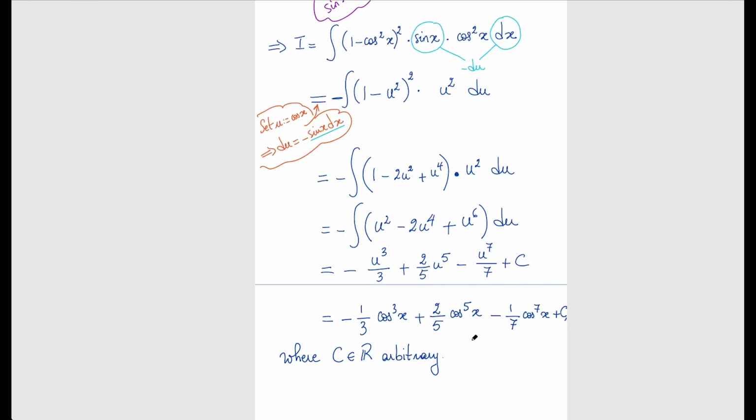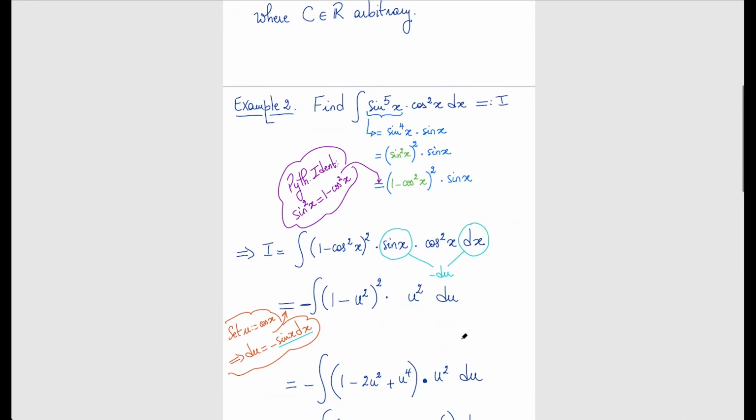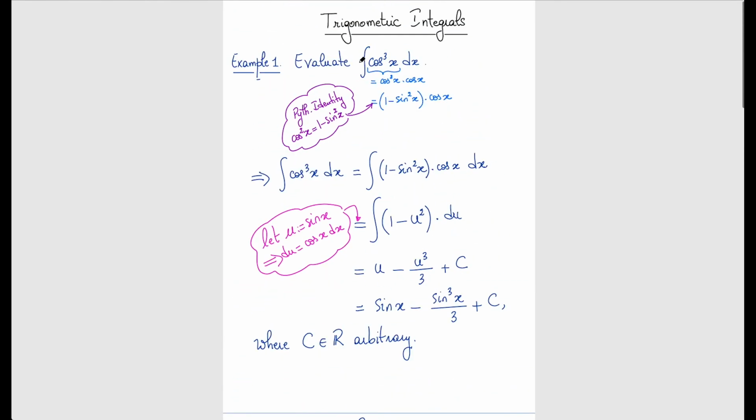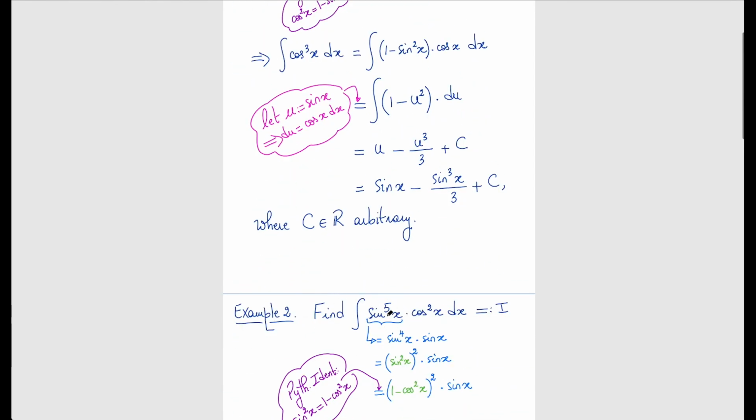So in these two examples that we just finished, in this one and this one, the integrand had an odd power of sine or cosine, which enabled us to separate a single factor, right?